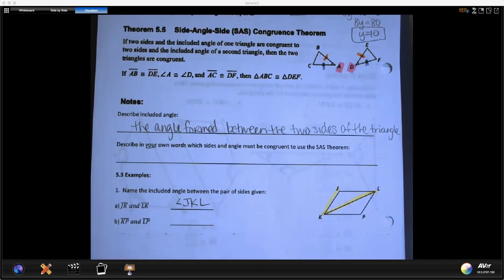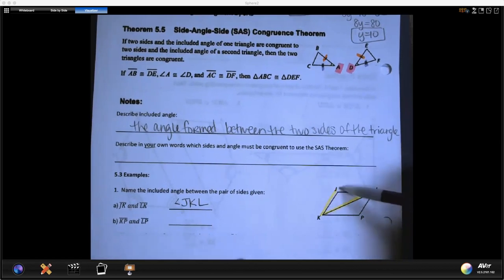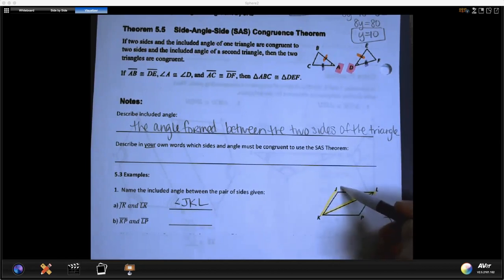Great job. That was a great definition. He said, I can't use K because I wouldn't really know which part I'm referring to. Am I referring to the left side, the right side, the whole thing? So remember the rule of thumb is you can name an angle by one letter only if it's the only angle there. So for example, could I say angle J by itself?